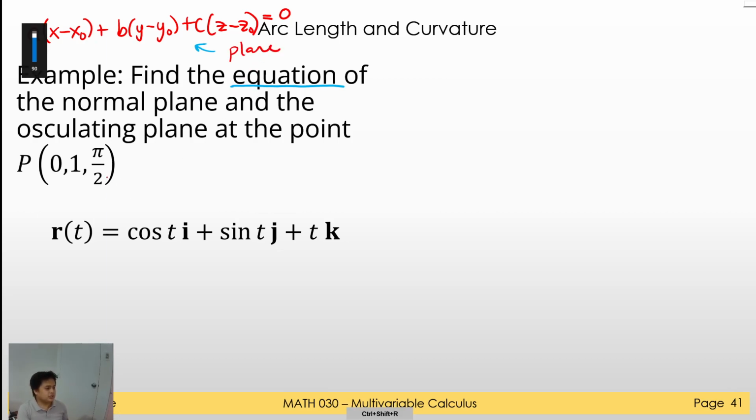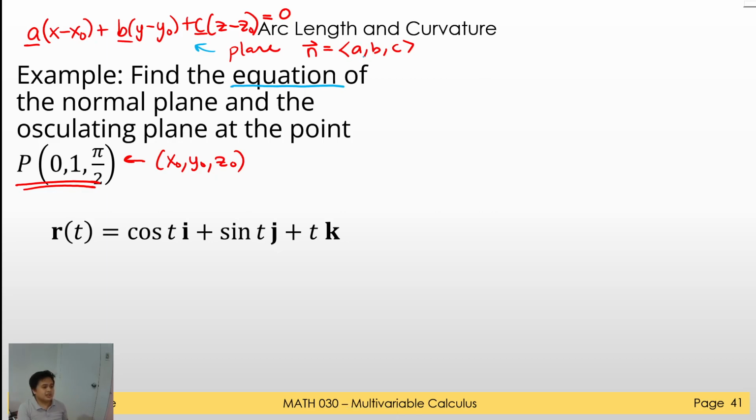Okay, now how do we do this? We have this as our initial point, so basically this is your x naught, y naught, and z naught already. So what do we need here? A, B, and C. A, B, and C is your normal vector, if you can remember. So we have to figure out the coefficients of your normal vector.